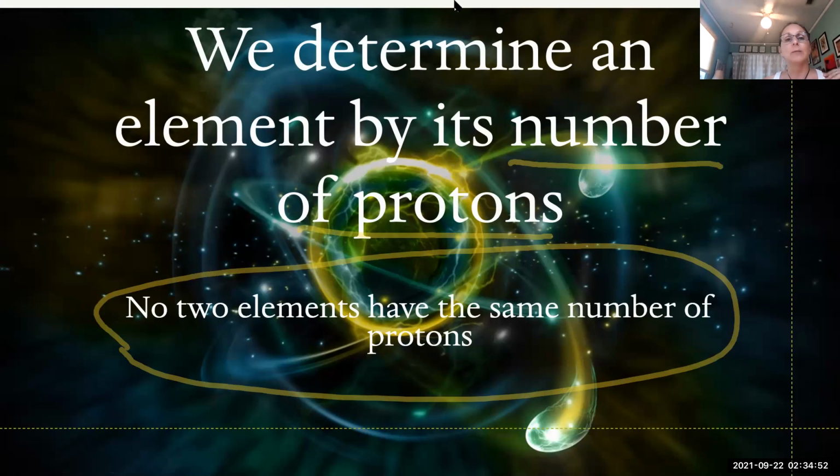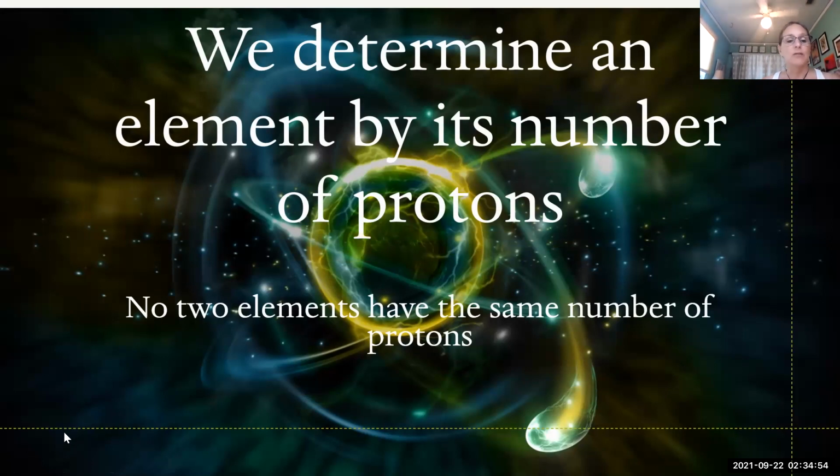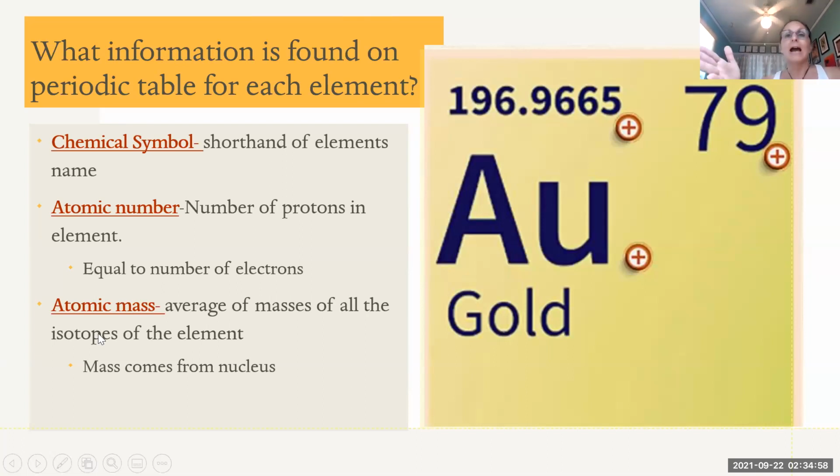We identify an element by its number of protons, okay? So now we know the arrangement of the periodic table. We know we have these different groups and periods, right? And we know that there are different characteristics within them, between the metals and the nonmetals and metalloids, and the different groups within the metals and within the nonmetals.